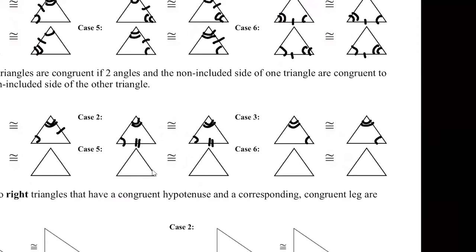Really, the reason why we're able to get away with this is because if you know two pairs of corresponding congruent angles, so the first pair of angles are congruent, the second pair of angles are congruent, then the third angle actually must also be congruent because they're bounded by 180 degrees. So if you know two pairs of corresponding angles are congruent within a pair of triangles, then you also know that the third one would be congruent as well.